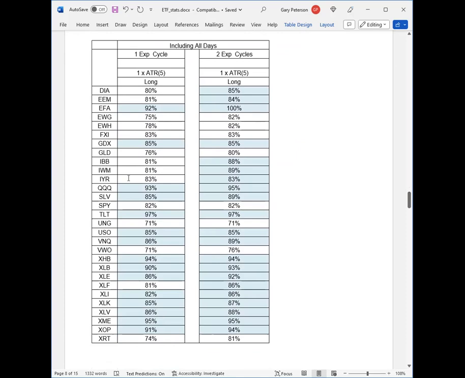But if it became valid on IBB, which is biotech, we'd be doing two expiration cycles, not one. So this is how we know how much time to get. If it became valid on NASDAQ, we have a choice. But this is how we determine how much time we need in the option to have a successful trade, because Becky maintains these numbers, so we know.